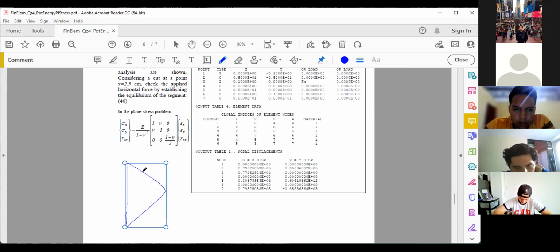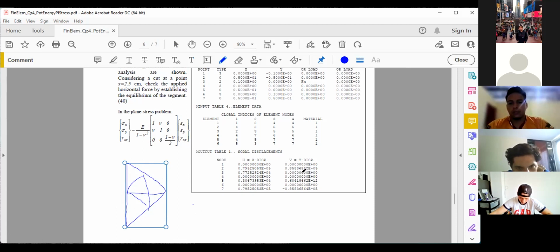We have this, that, and this. So we got 6 elements, which are this one here. And with this information, you should be able to establish the location of each joint. So all of this is from this part here.